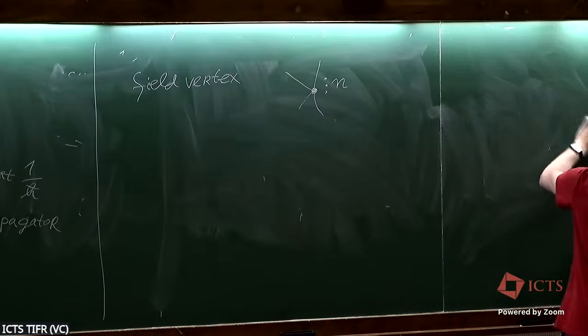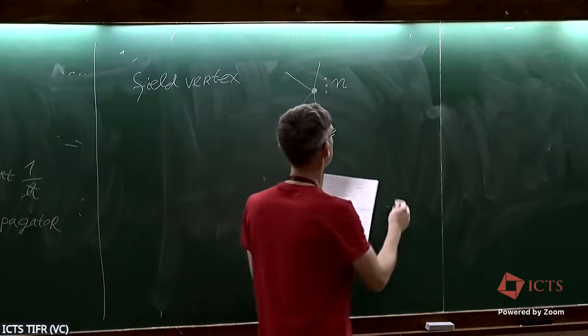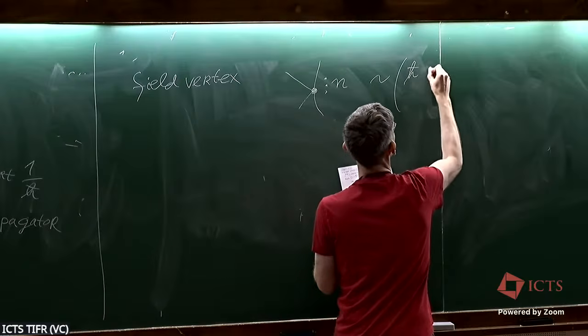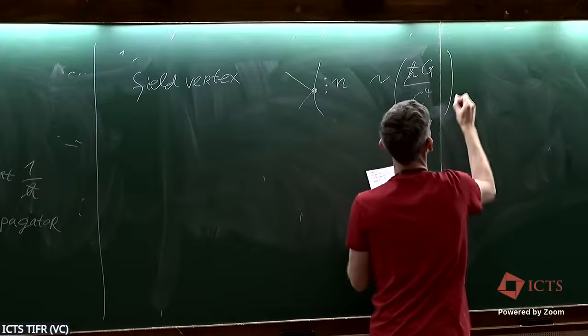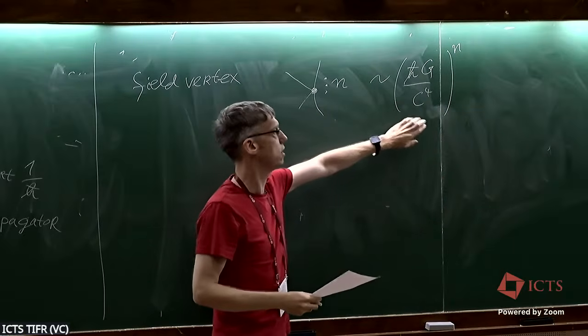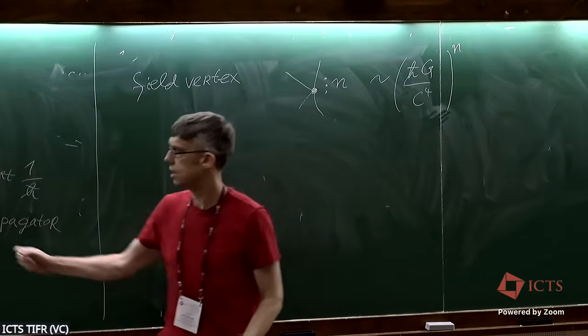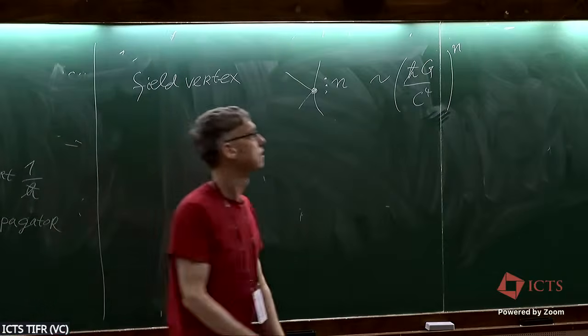Then, since we did this rescaling, we know it will scale as the square root of h bar G divided by c to the 4, to the power of n, right? Because there's one factor for each of the h's. However, there's the overall factor in front of the whole action.